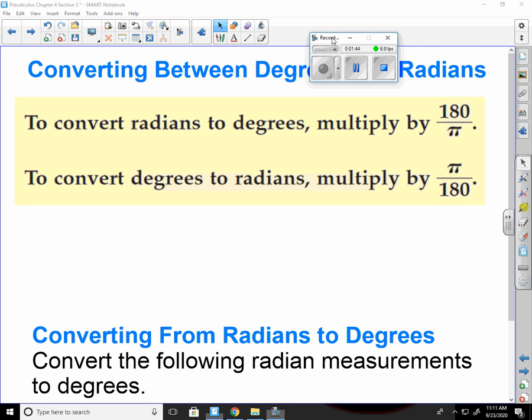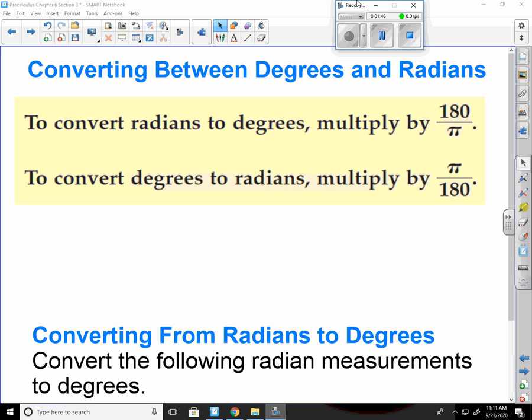To convert radians to degrees, I simply take my radian and multiply by 180 over pi. To convert degrees to radians, I multiply by pi over 180. So that's just the two simple formulas we use to flip back and forth between radians and degrees.